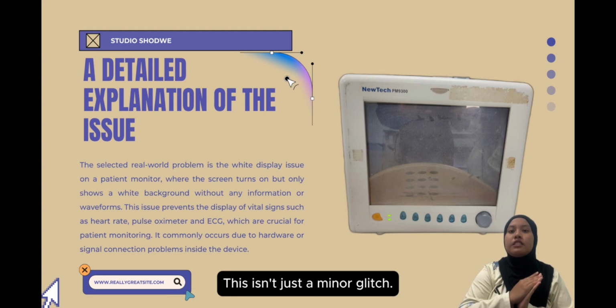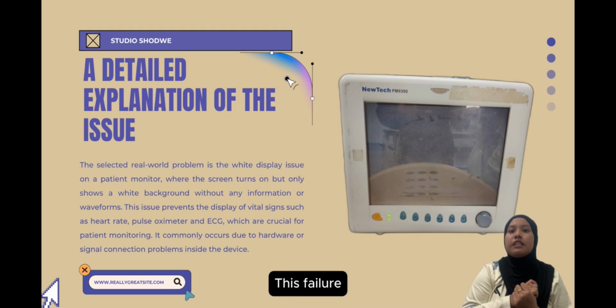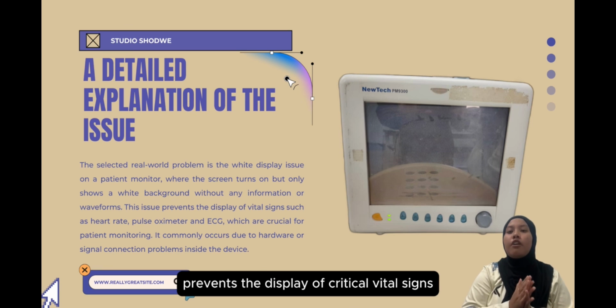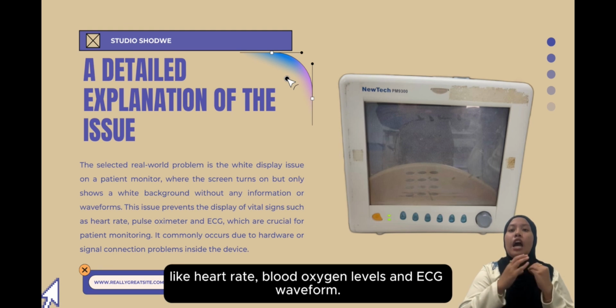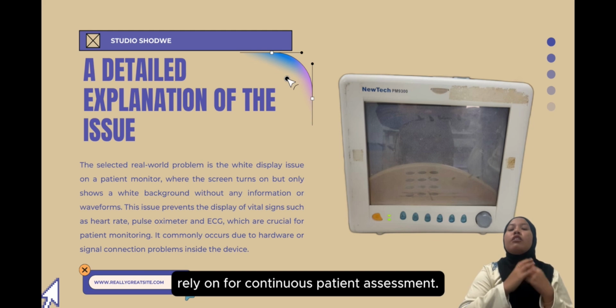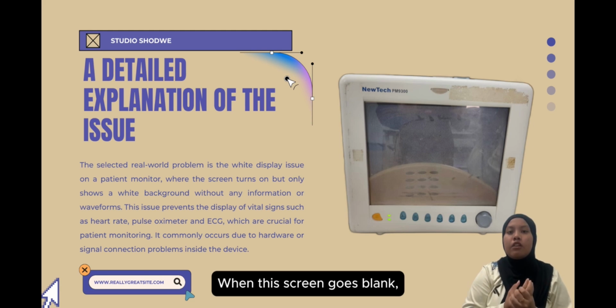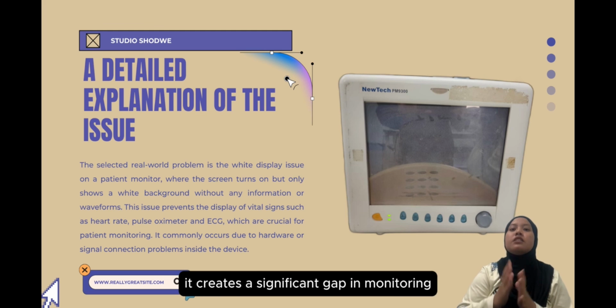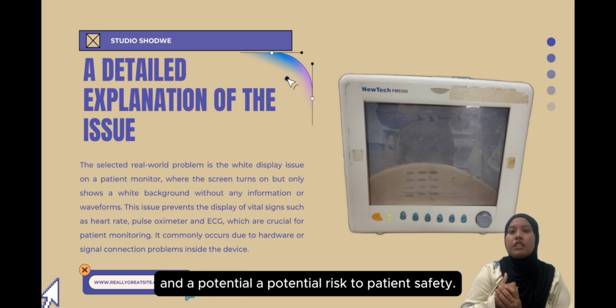This isn't just a minor glitch. This failure prevents the display of critical vital signs like heart rate, blood oxygen level, and ECG waveform. These are the fundamental parameters that medical staff rely on for continuous patient assessment. When the screen goes blank, it creates a significant gap in monitoring and a potential risk to patient safety.